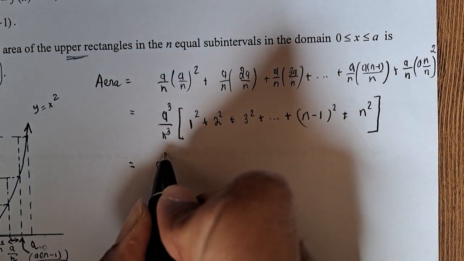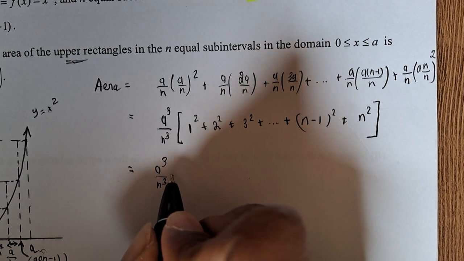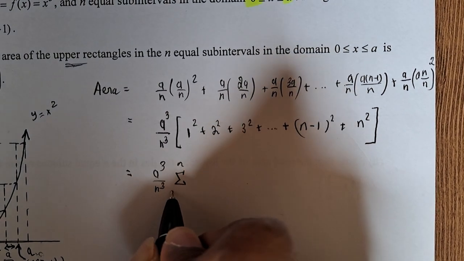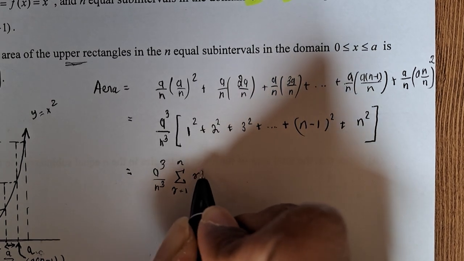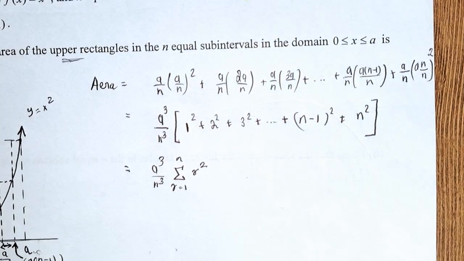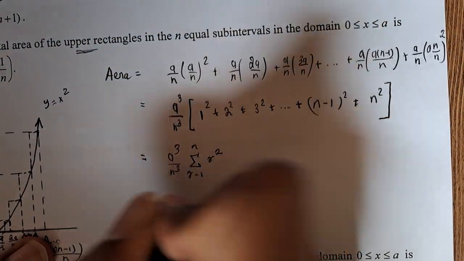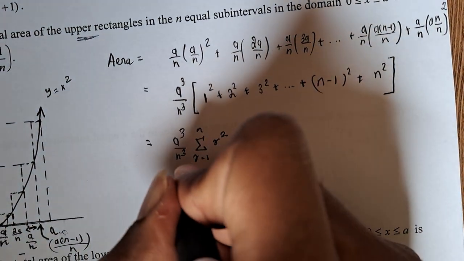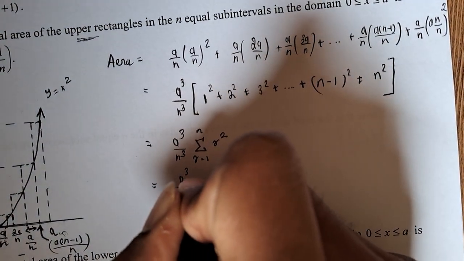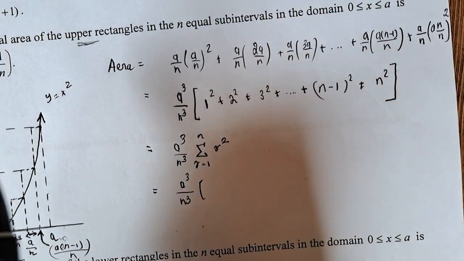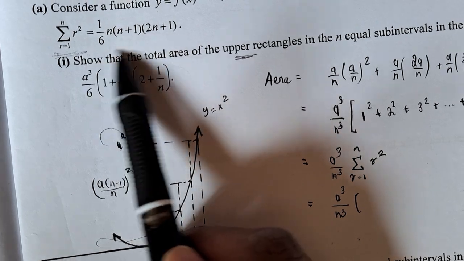So it becomes a cubed on n cubed, sigma r equals 1 to n of r squared. Ready? Now you're almost done, because they've given us a value for this too. So let's go and sub that in. And if you have noticed, this is the value that they've given us.